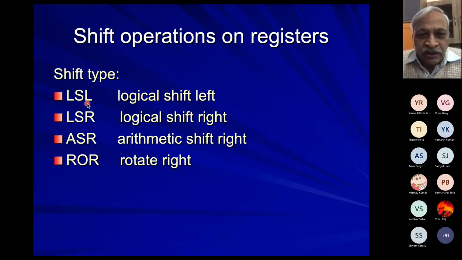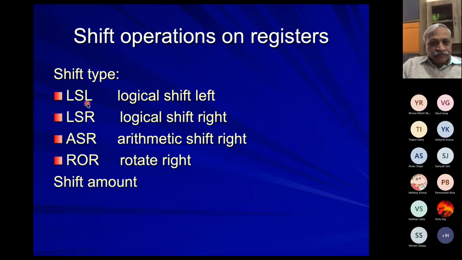So as you shift to give the effect of division by 2, or at least approximate integer division by 2, you want to maintain the sign, and therefore the sign bit is replicated in the vacant positions. In logical shift, the vacant positions are filled with zeros. Okay. Rotate is just a circular shift where the bits which are going out are filled into the other side. So let me illustrate these pictorially.